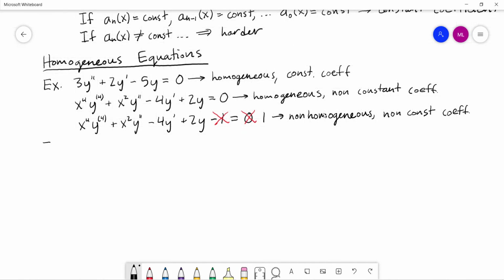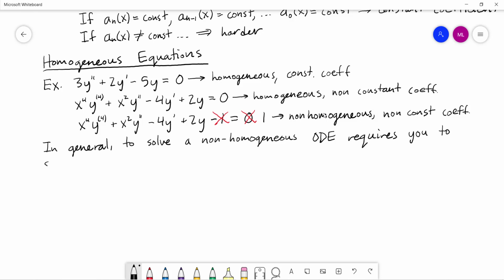So in general, to solve a non-homogeneous ODE, it's going to require us to solve the homogeneous version first. And then it'll require some more extra work.